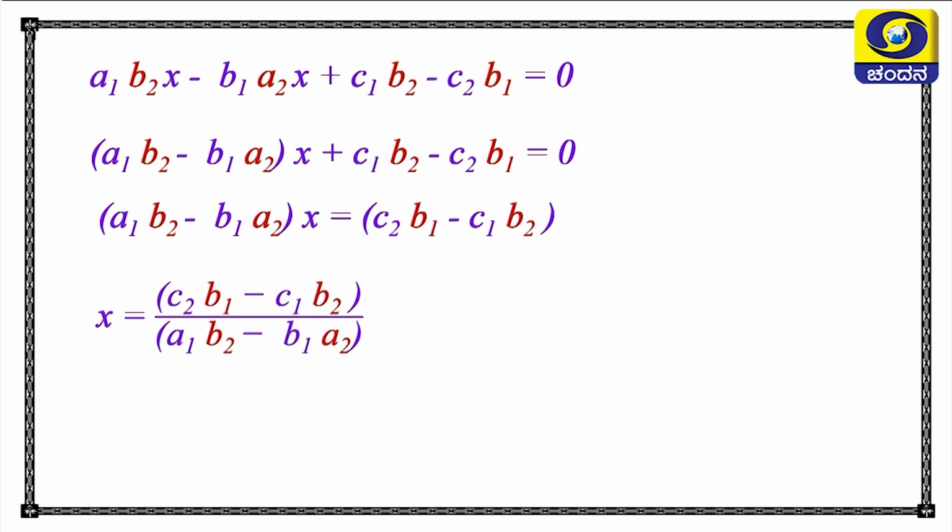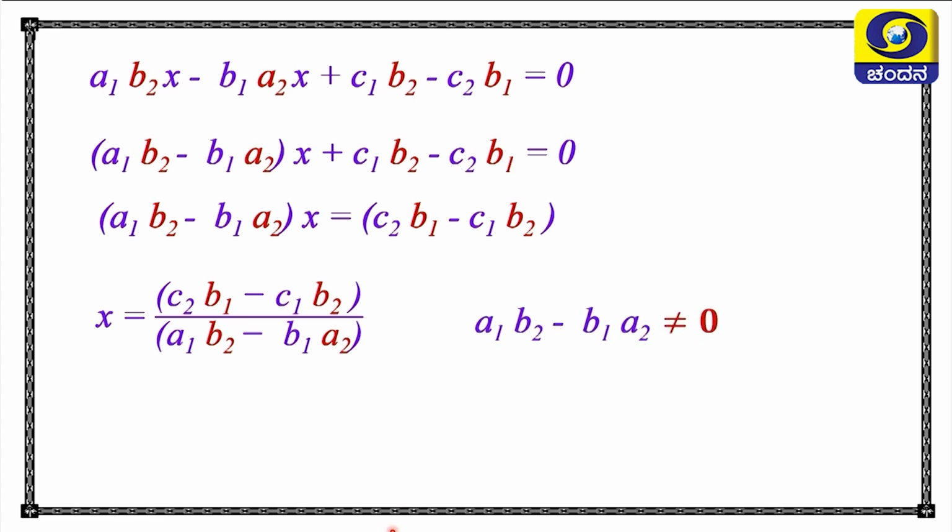Observe here, children, the signs are going to interchange when we go to the right side. When we transfer this into the right side, the signs of those constants automatically interchange. Now what is the value of x here? The x is equal to c2 b1 minus c1 b2 divided by a1 b2 minus b1 a2.